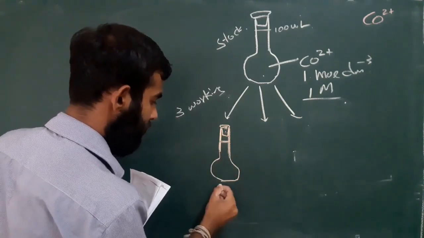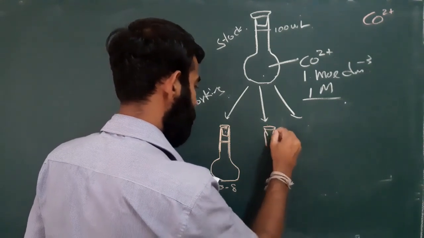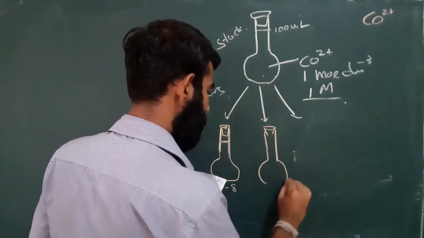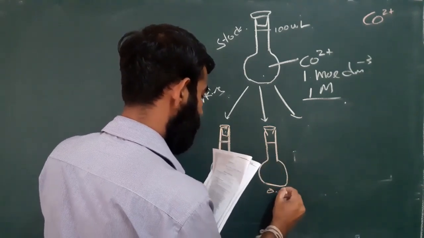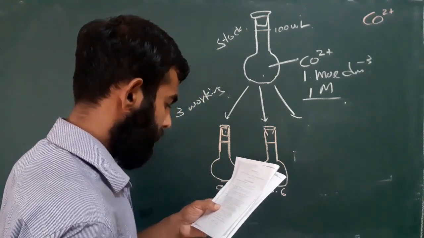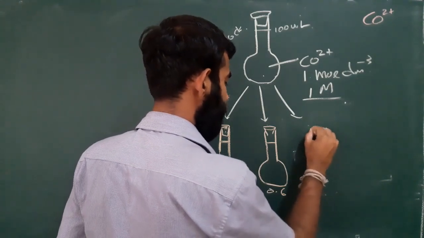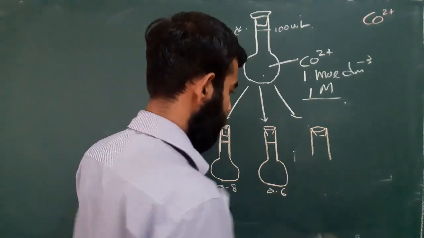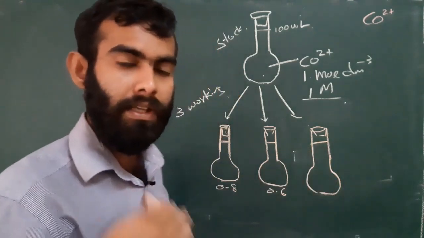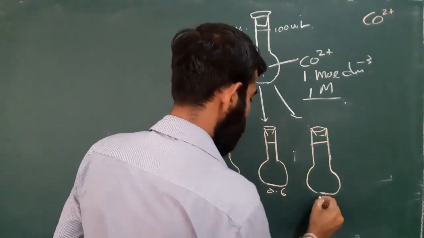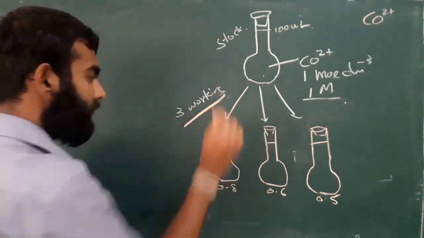One is 0.8, the next is 0.6, and the other is 0.5. These concentration values may be somewhat different in your book. By using the stock solution, we will prepare 3 working solutions.